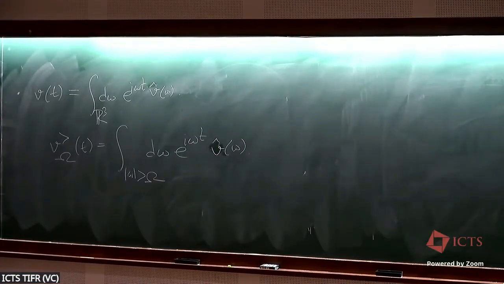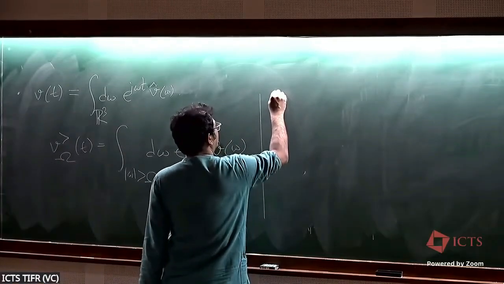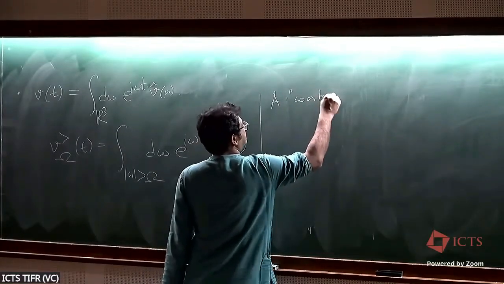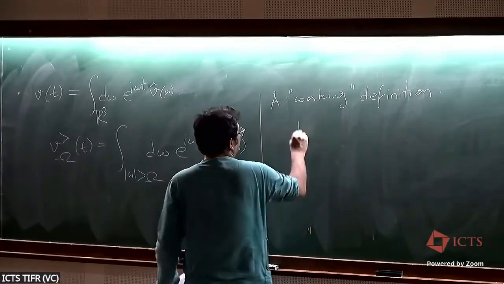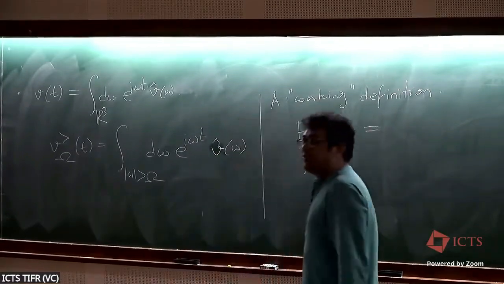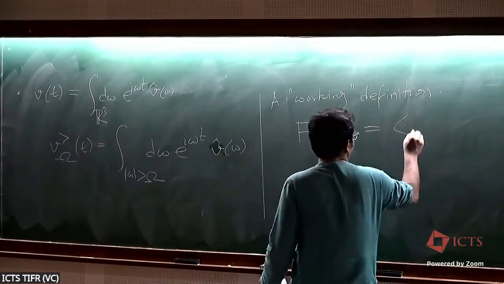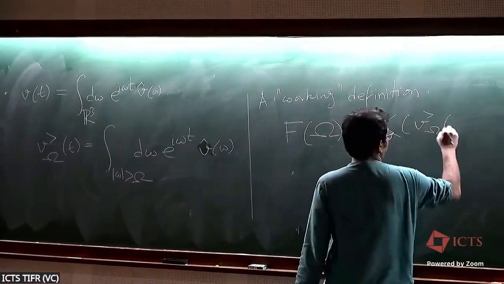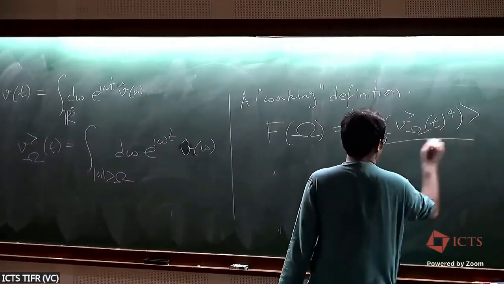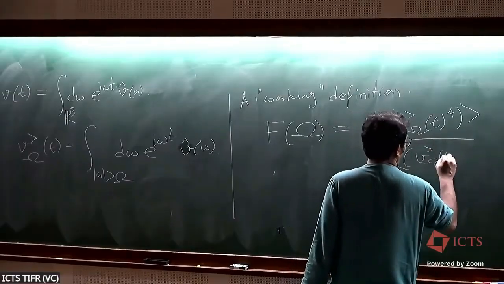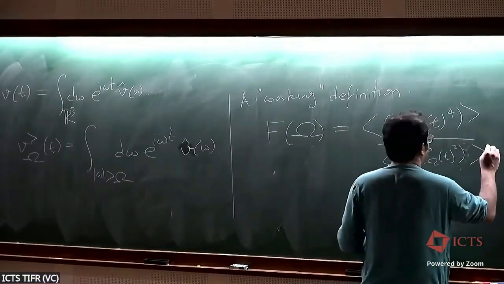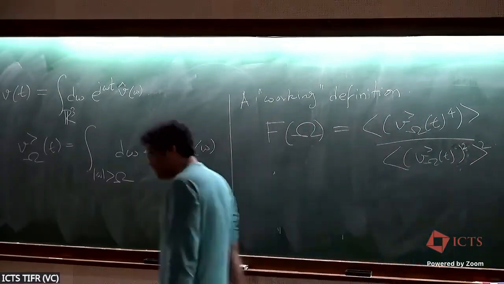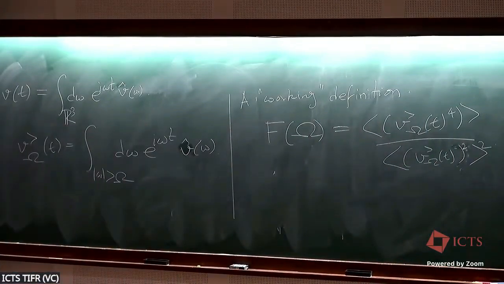So now, a working definition of what intermittency will be is if I calculate what's known as flatness, so I take my angular brackets, and the other brackets are also quite similar, not even self-similar.